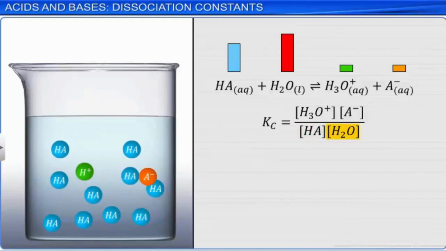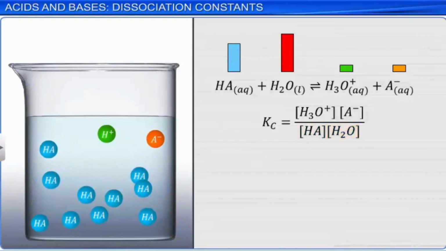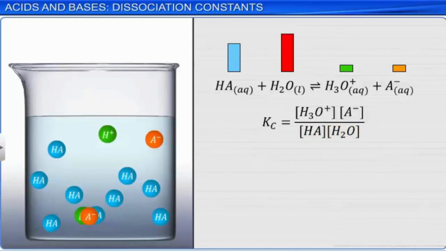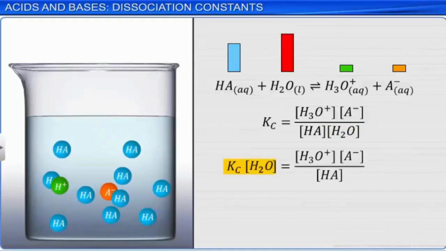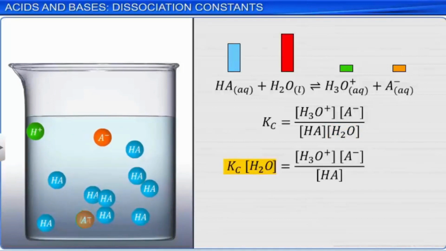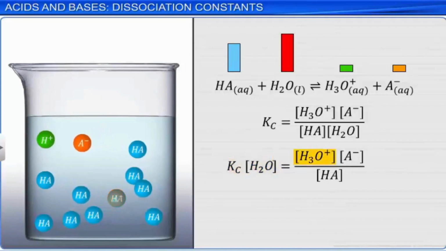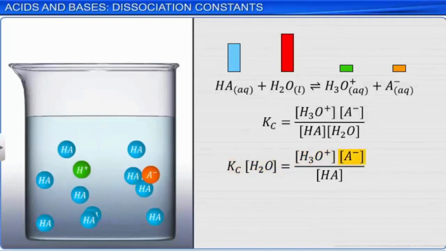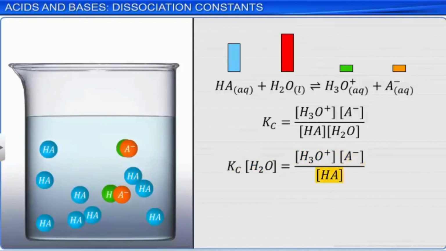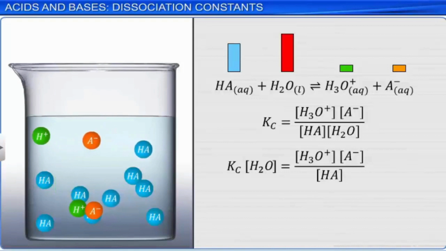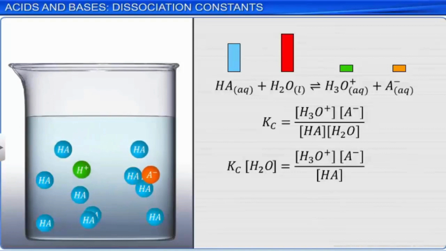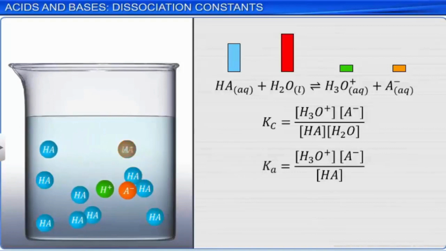Hence, it may be written as Kc into concentration of H2O is equal to the product of concentration of H3O plus and A minus ions, divided by the concentration of HA. Since Kc and concentration of water both are constants, their product is also constant, and it can be taken as Ka, that is, Ka is the dissociation constant of weak acid.